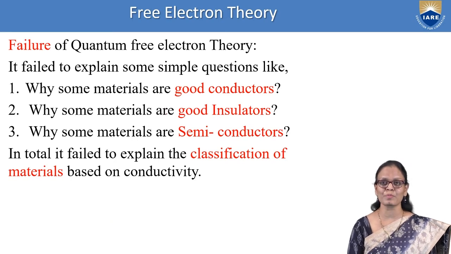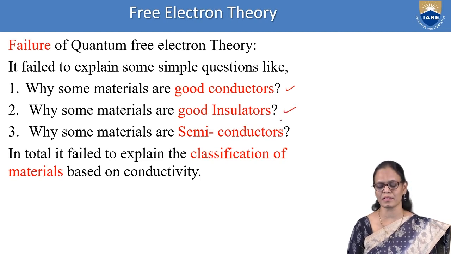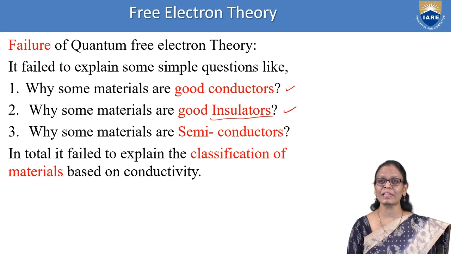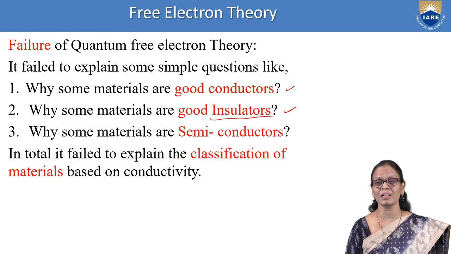But they could not explain why some materials are good conductors and why some are good insulators. Insulators are those which do not conduct. When they have free electrons, why are they behaving like insulators? That is a question this theory could not explain.